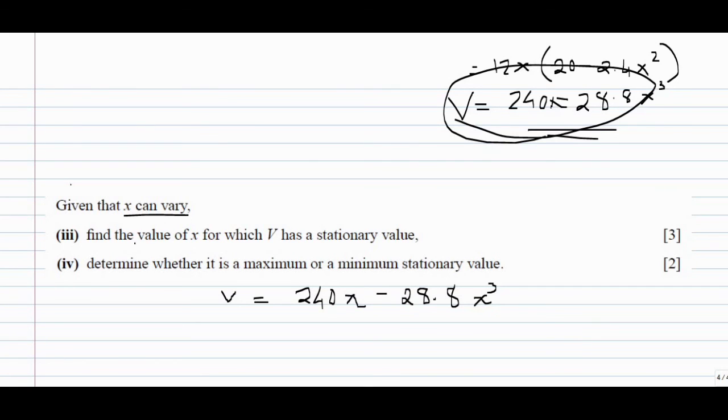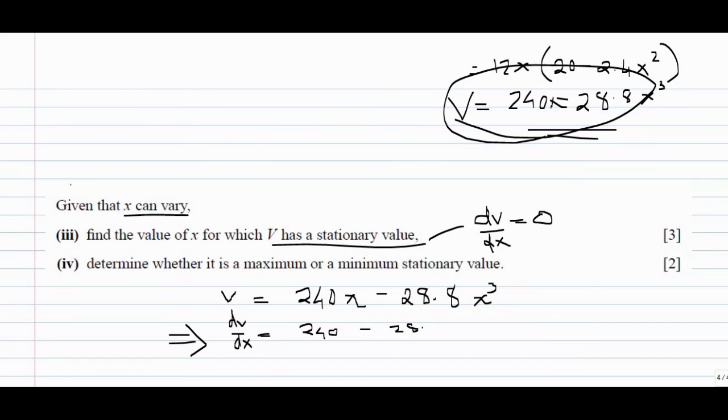Now the next question is, given that x can vary, find the value of x for which V has a stationary value. Similar to the previous question, as V has a stationary value, the derivative of V is equal to 0. So here the variable is x. So derivative of V with respect to x is equal to 240 minus 28.8 multiplied by 3x squared.